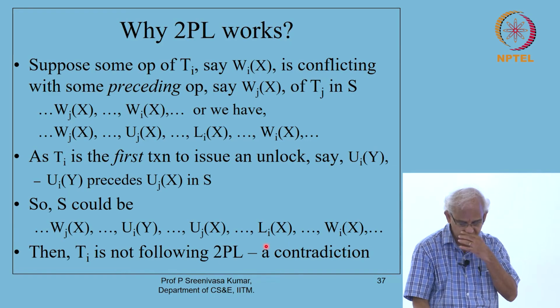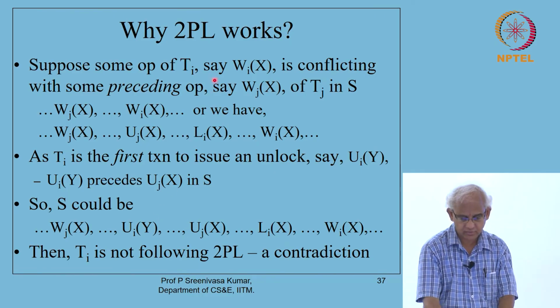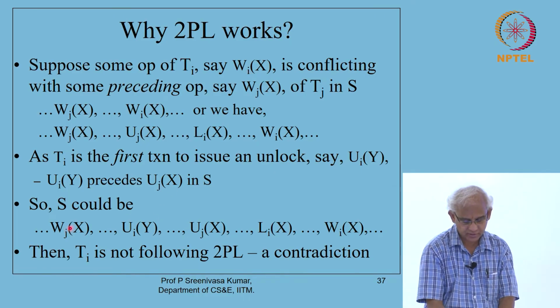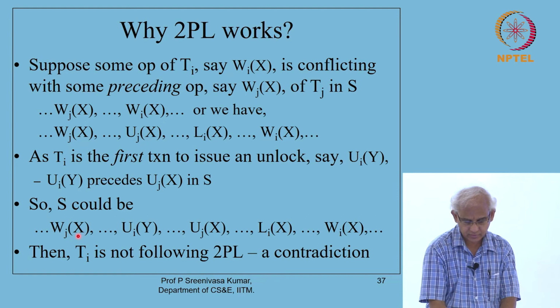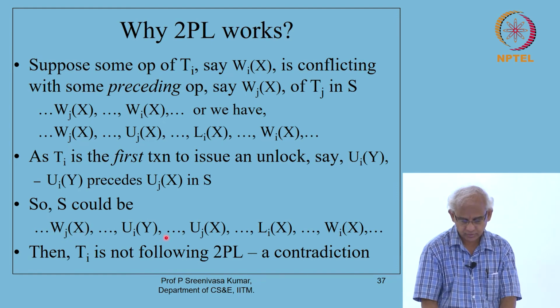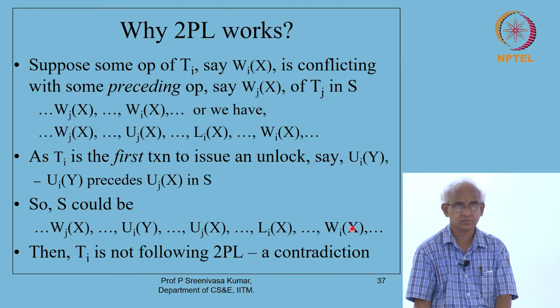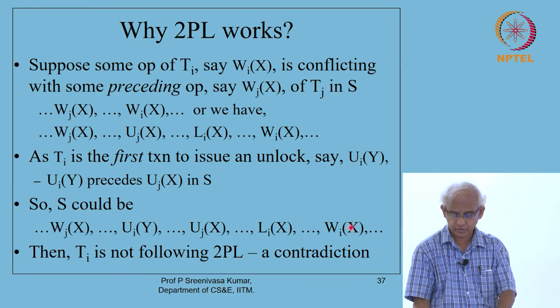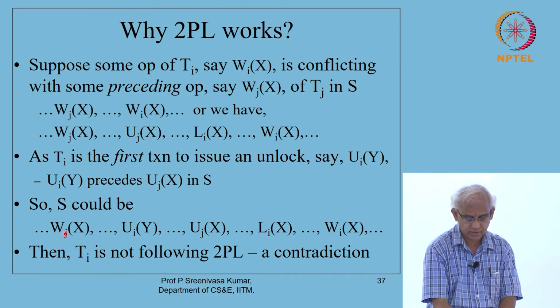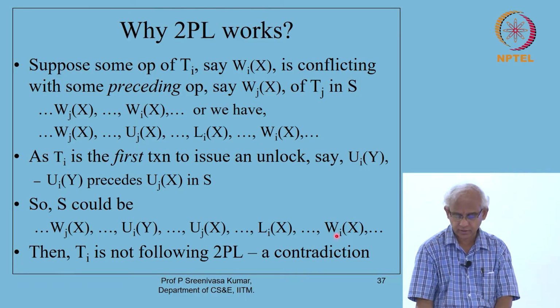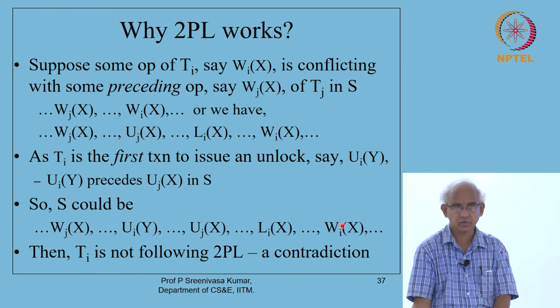So, what it means now is that our assumption that there is some Wj of x that precedes Wi of x exists, leads to a contradiction. If we make this assumption that Wj of x precedes Wi of x, this whole sequence of arguments comes into the picture and leads us to a contradiction.